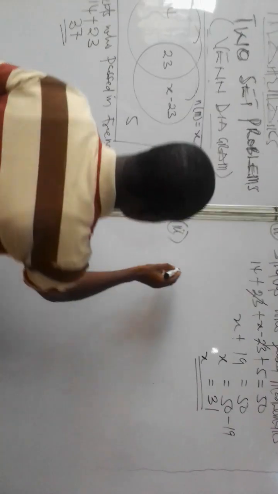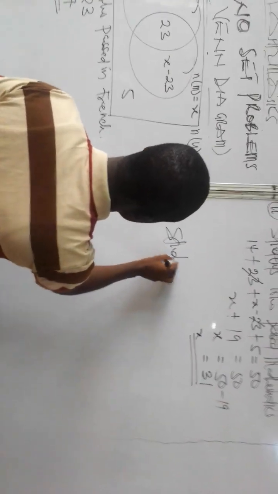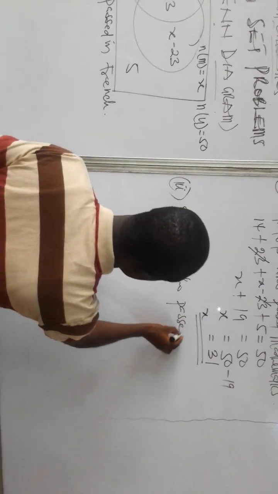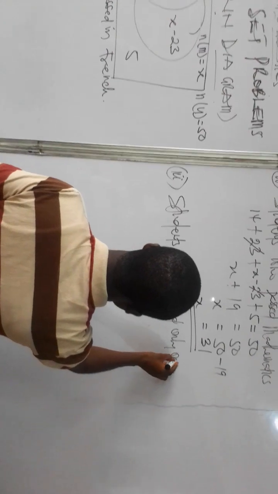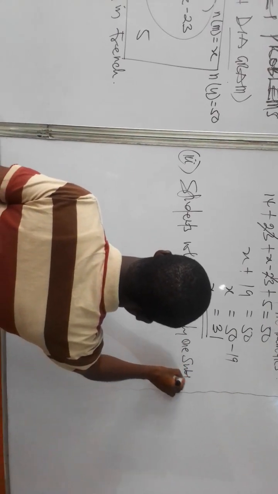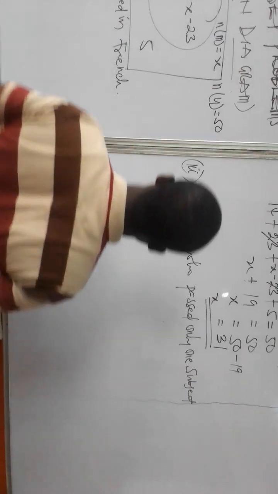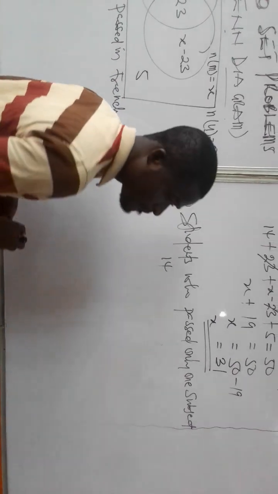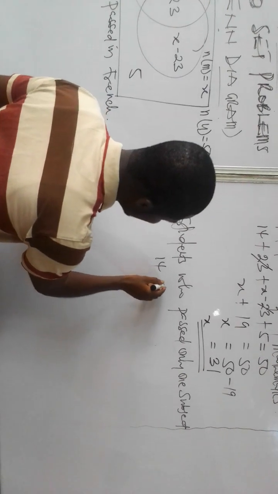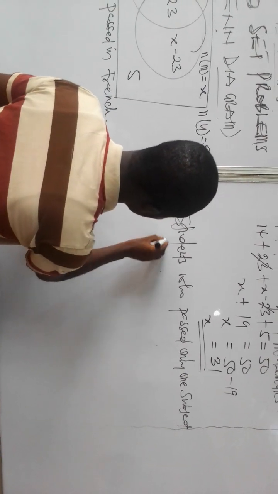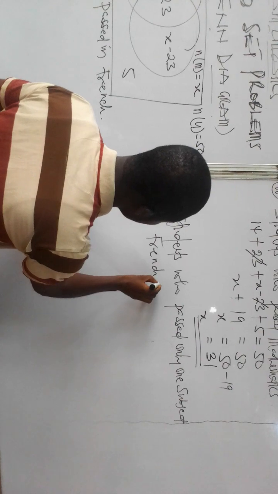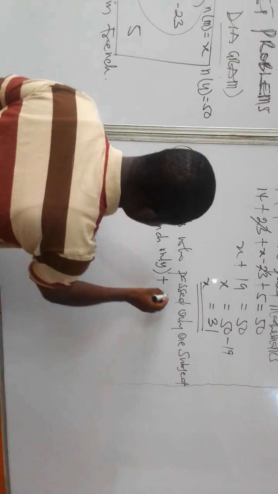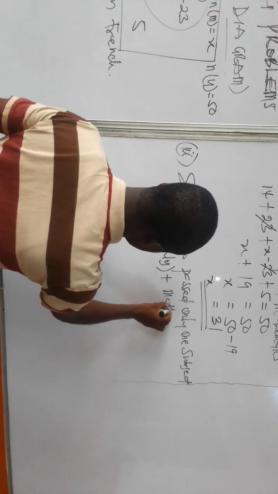To find those who did only one subject, you add French only plus maths only. So, students who passed only one subject: we have French only, 14, plus mathematics only.